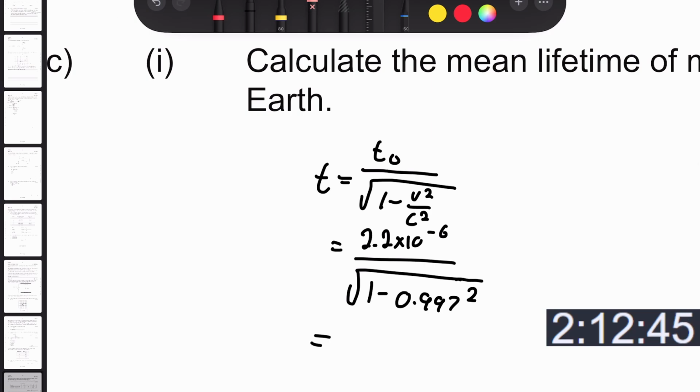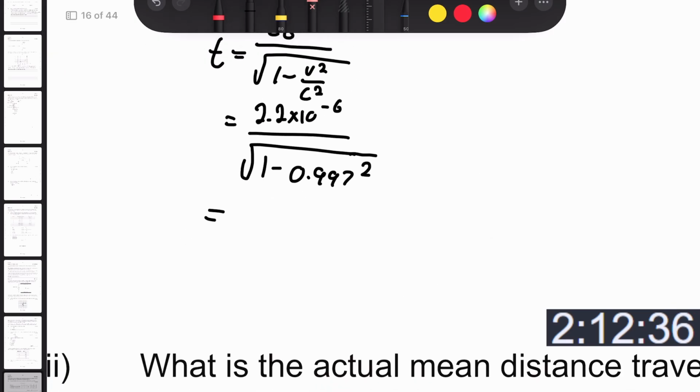Now let's finish up that square root and put all of these in the calculator. Now I get 2.84 times 10 to the negative 5 seconds.